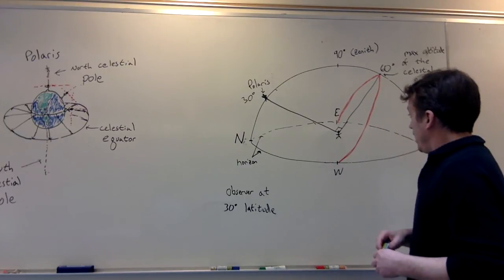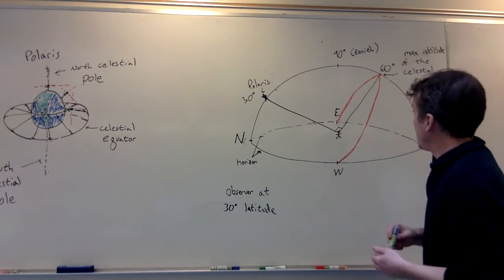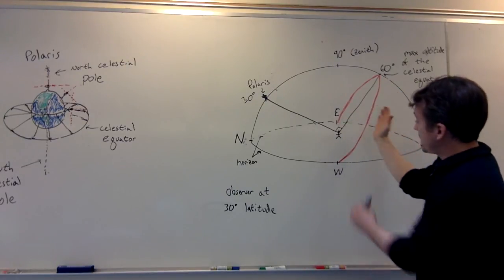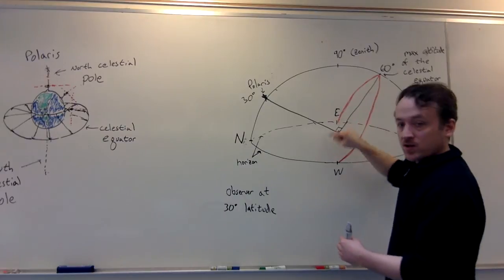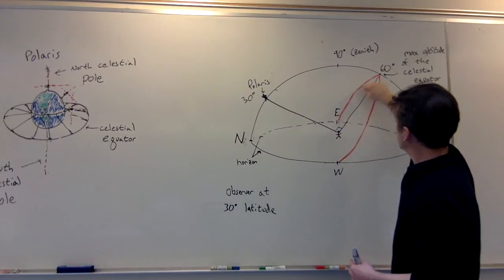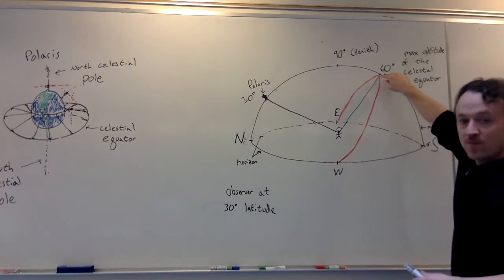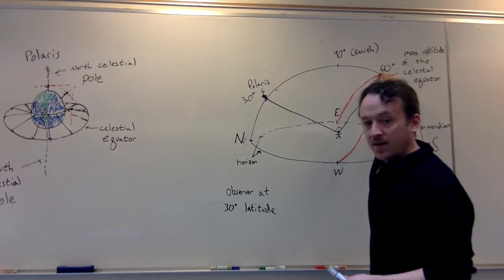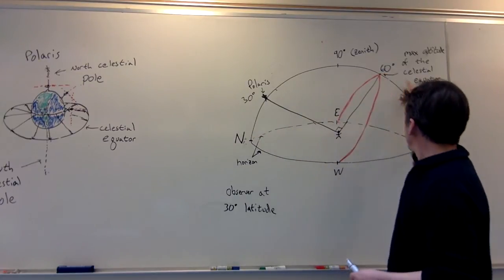So, a couple other points to talk about here. The celestial equator, for this location, doesn't exactly go straight up and down. It rises in the east and makes a path towards the south and more vertical until it hits the meridian. The meridian is an imaginary north-south line that runs from north directly to south.